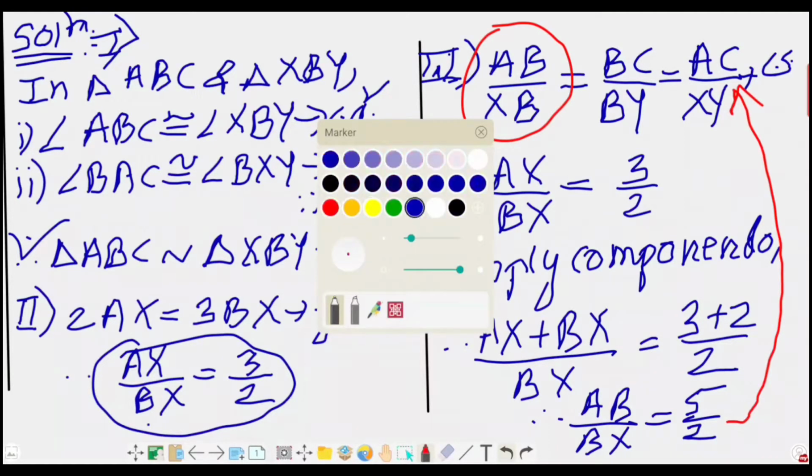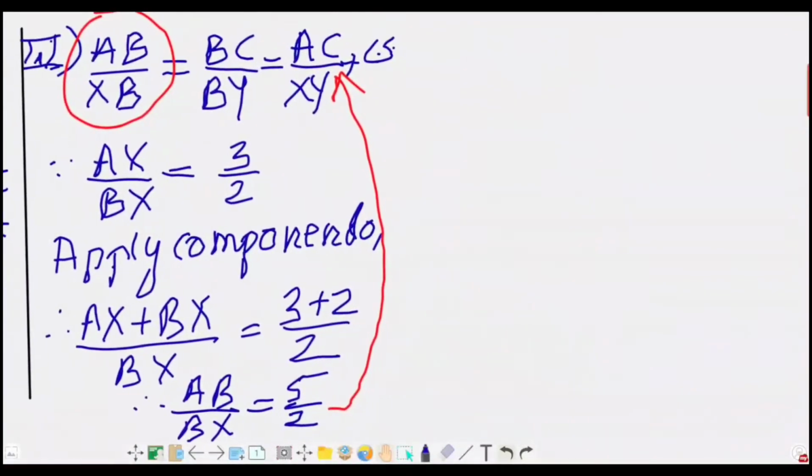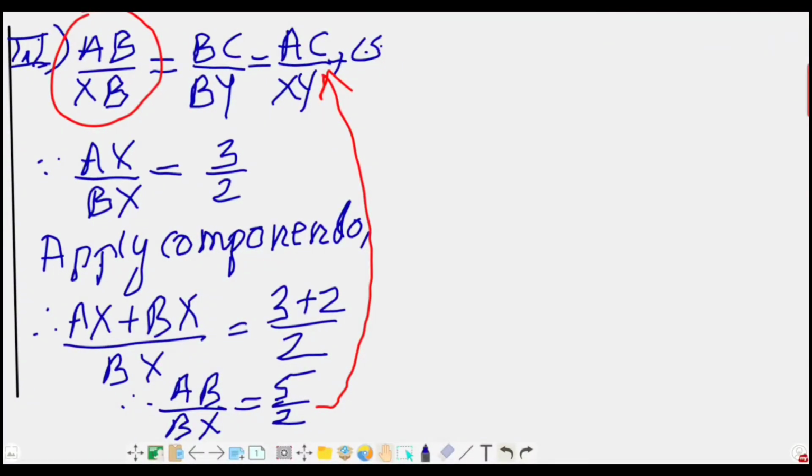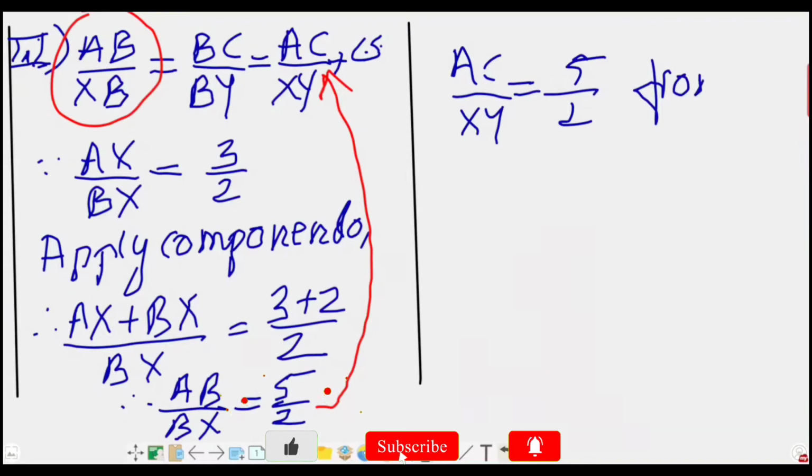So this concept we will utilize to find out the value of AC. AC is asked. So I am taking this one. These are equal. So my AC upon XY is also equal to 5 by 2. Correct? That is from the previous step only. That is the third one.